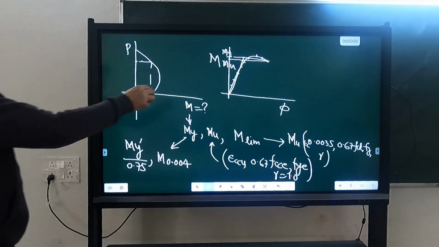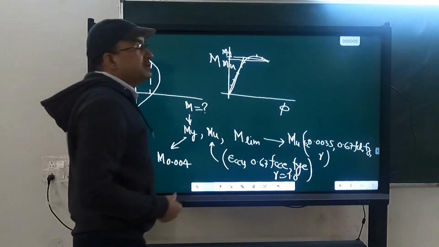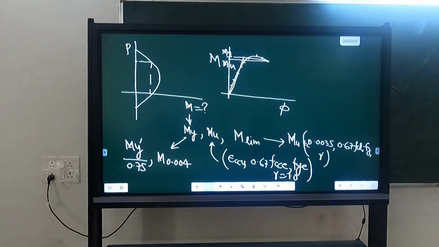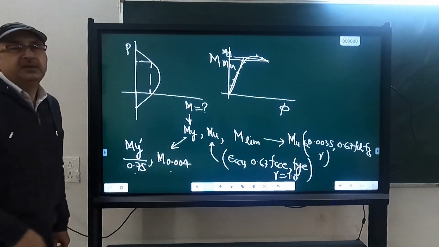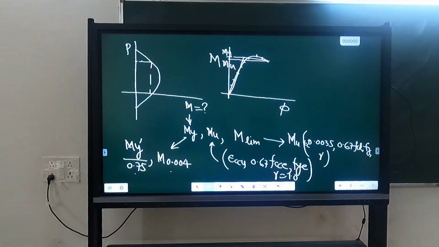So if I ask you to calculate actual My, you have to do it like this, which is quite lengthy. You can do with computer. But for manual calculation, you can use either this or this. Keep in mind, these are approximate. Slight difference, both are not going to give you exactly the same value. Slight difference is expected because we are approximating these.